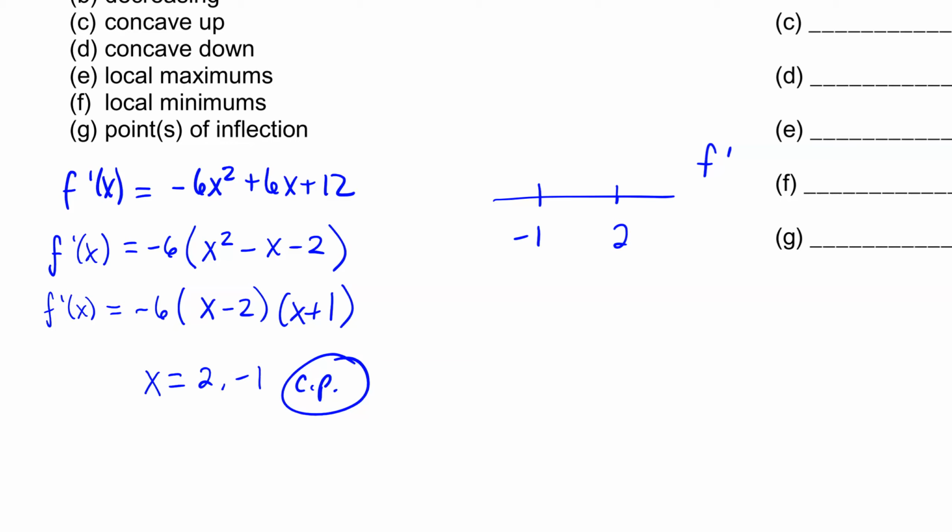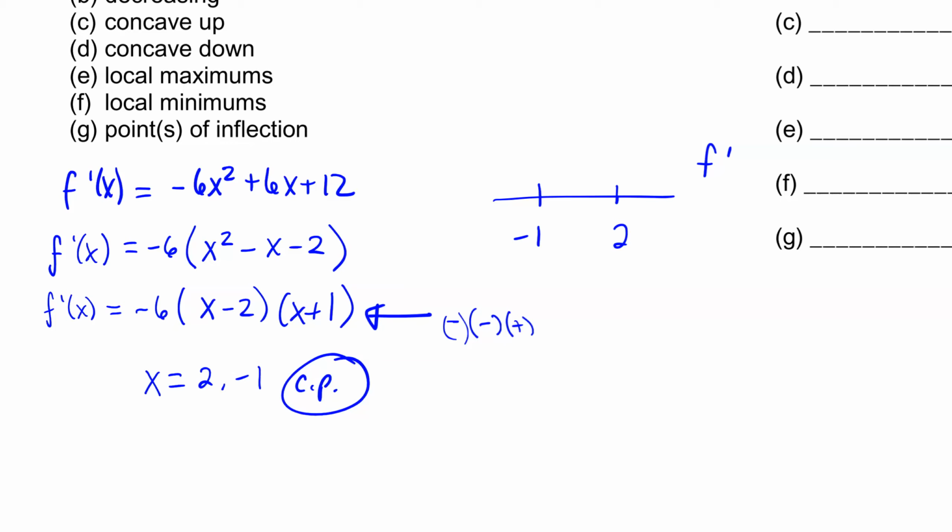Alright, so we're plugging into the first derivative, aka this guy right here. If I plug in 0, I'll have a negative times a positive. So guess what this is going to be? Wait, hold on.